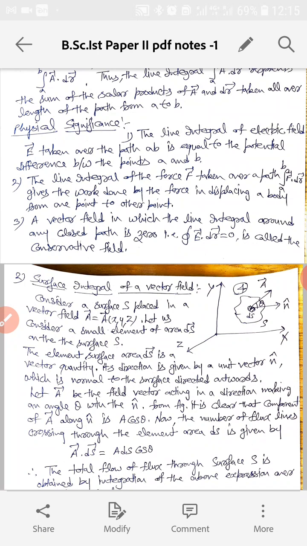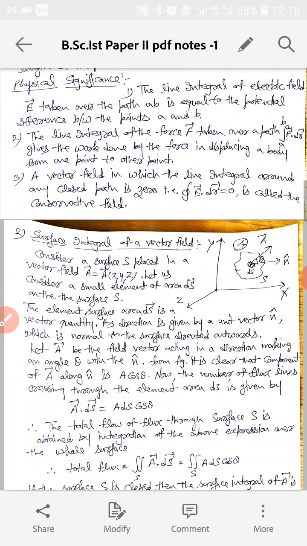This is a very important result of the line integral of a field, which we will use in future in this paper. So you need to remember: if the line integral of any vector field over a closed path is 0, then that field is known as a conservative field.